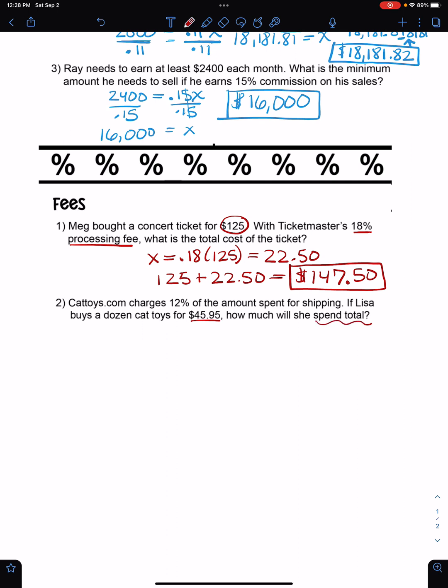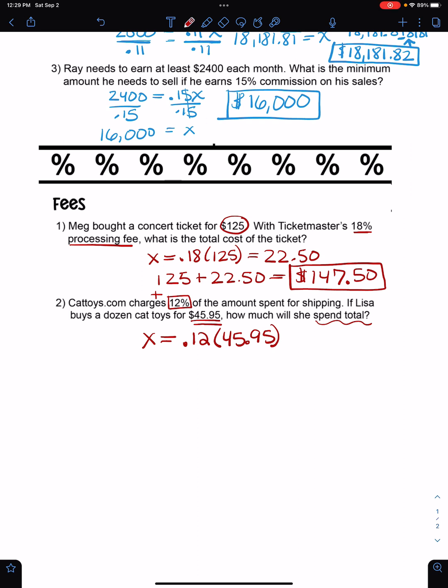She's not just spending $45.95, she's going to pay an additional 12%. So let's find out. What is 12% of, which means multiply, $45.95? I'm just going to put that in my calculator since I've shown this much work. It's okay to use a calculator.